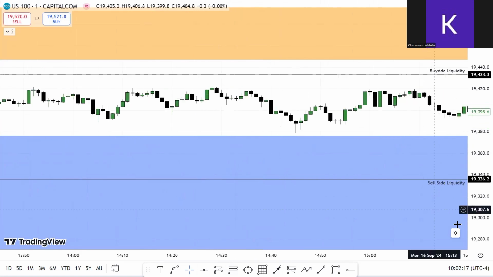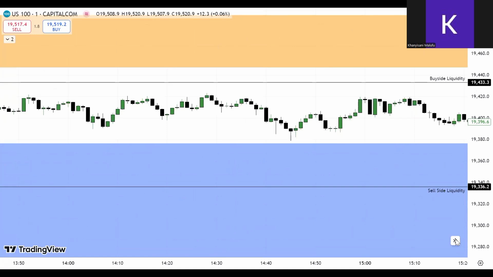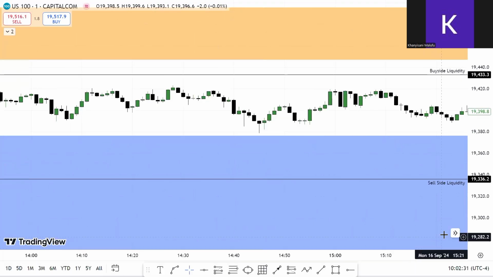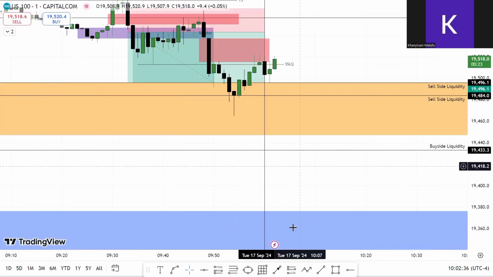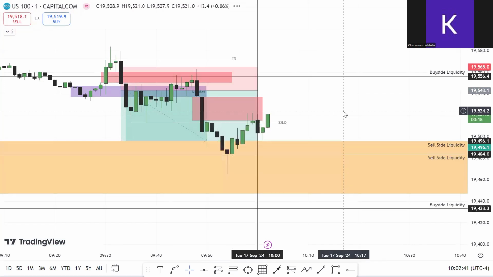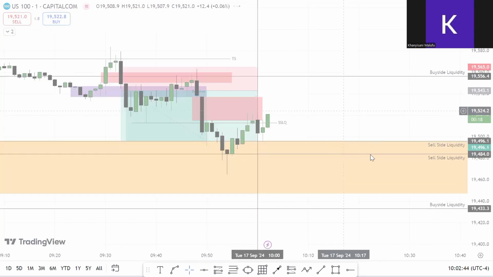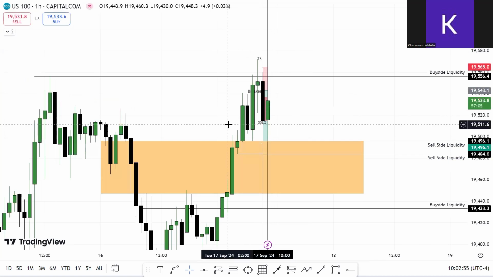For now, you can also look at current price. So at this 10 a.m. you can look at this buy side liquidity. You know why? In the 1 hour time frame, just at that point, we have this 2 hour fair value gap.